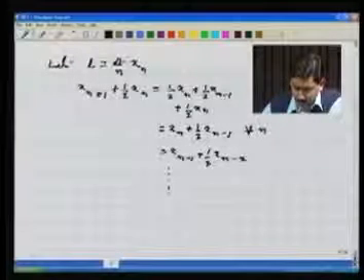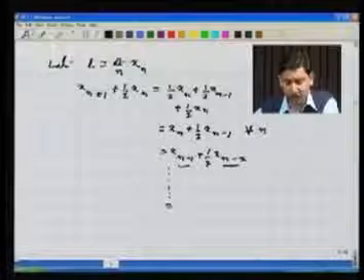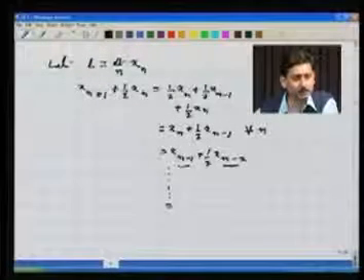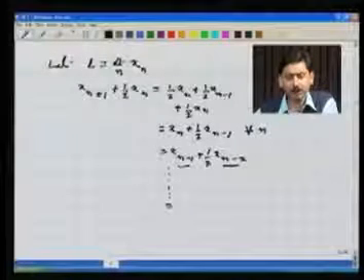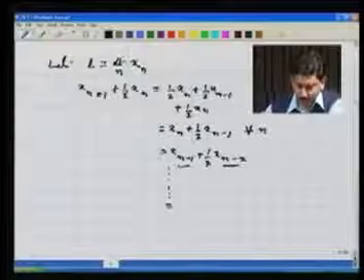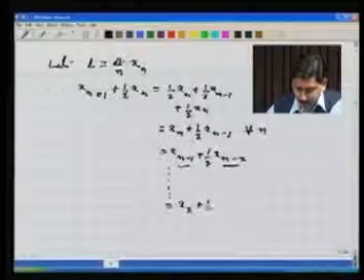At which stage will I stop? Well, I will stop at the stage after which there is no definition, and that stage is x2 plus half x1.